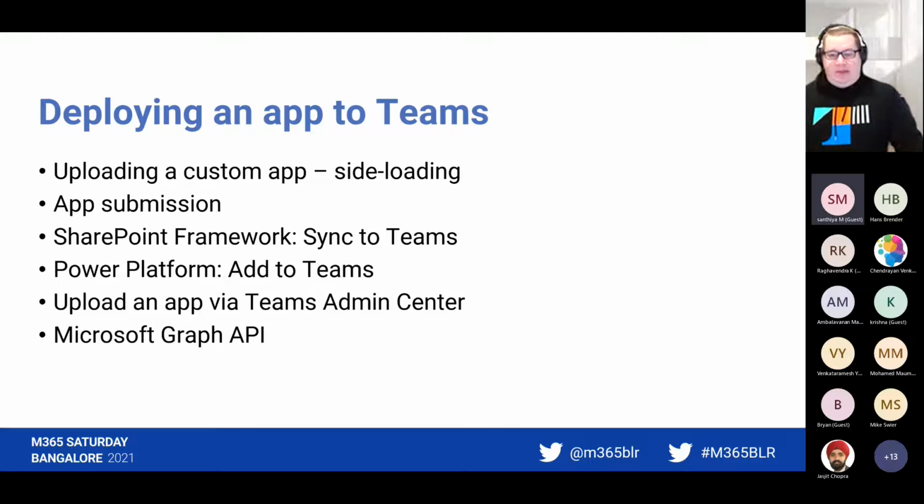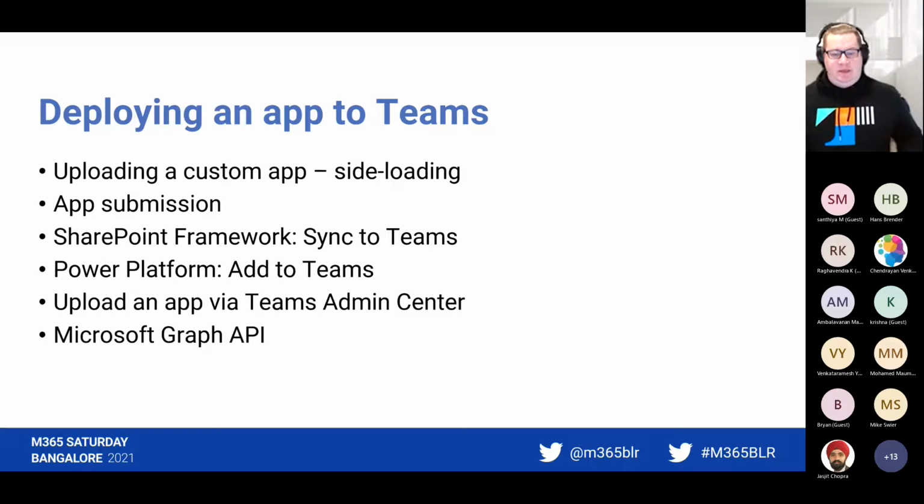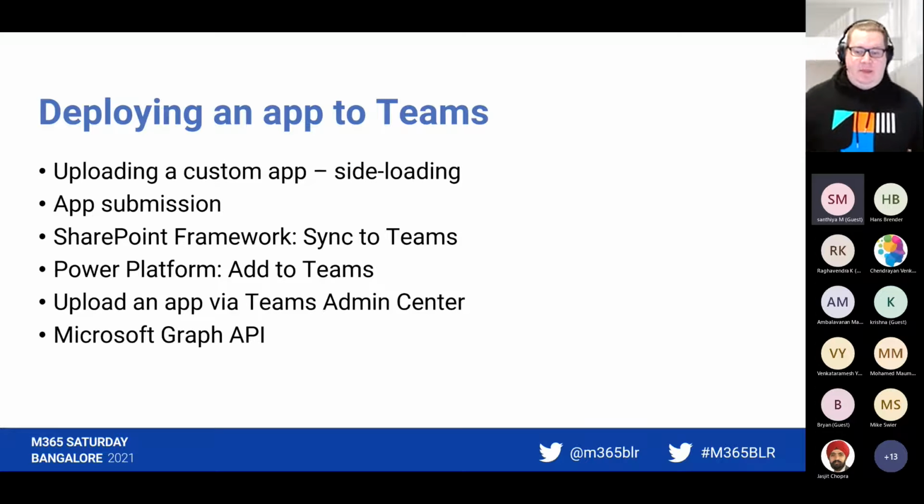From Power Platform, Add to Teams, you can use that directly or download the zip package, which is actually just a Teams app package, and use that to deploy it to Teams. And for admins, of course, when you are doing custom apps, uploading them via Admin Center. And then finally, if you're an app vendor, you can automate it with Graph API as well.